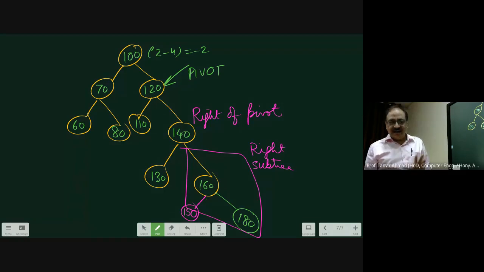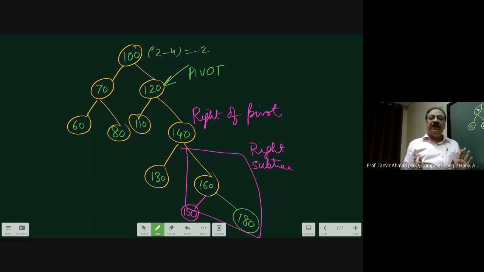Right of pivot is R. Is it in the right subtree? Because RR says that unbalance occurs due to insertion in the right subtree of the right of the pivot. Right subtree is 160. Therefore, in this case, either you insert 150 or 180, both are RR only.